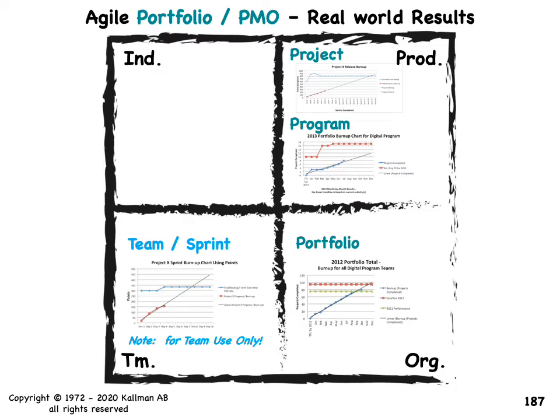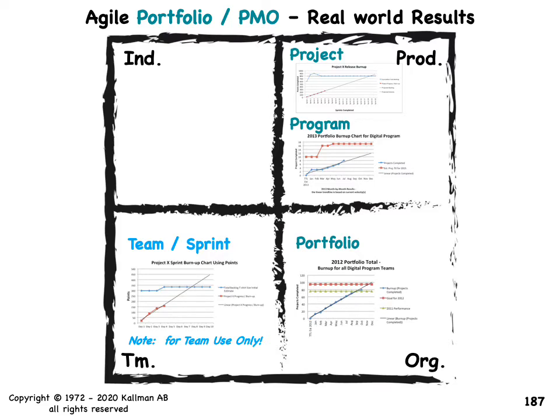And if you read these, then you need to read them over time and in context before you start to give any kind of feedback or input to the team burn-up charts. But in general, the team burn-up charts are for team use only. It's to help them improve, to get better sprint by sprint by sprint.